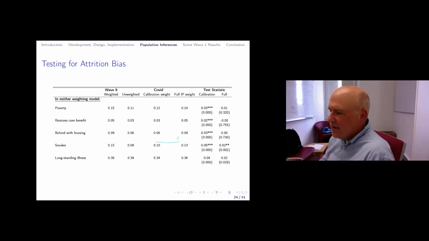We will also incorporate the telephone data, but we have not done that yet. So there will probably be a further re-release of wave 1 with the telephone data incorporated, possibly at the end of next month.